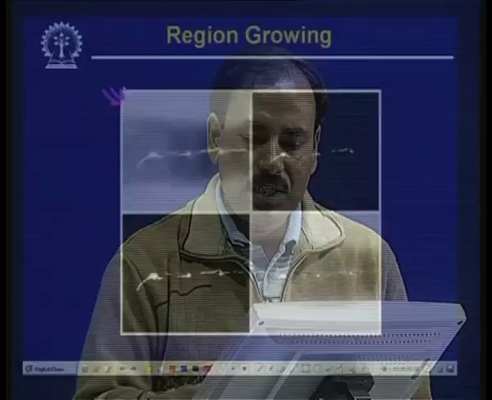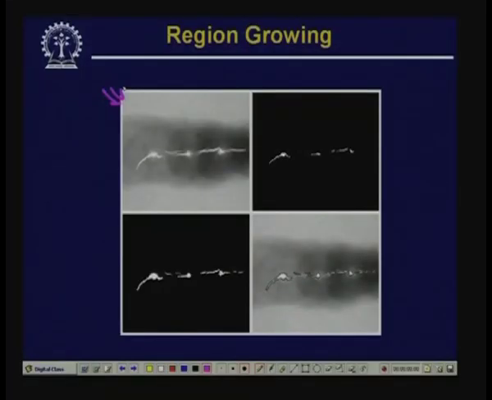This top left one is the X-ray image of a welded part, and the nature of the problem says that whenever there is a fault, the faulty regions in the X-ray image are going to have very high intensity values.